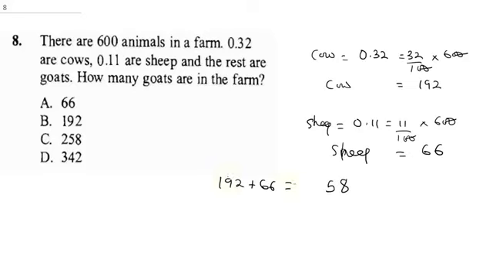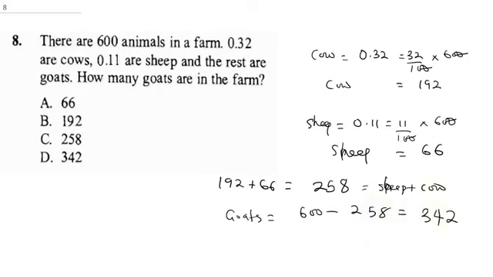Carry your 1. Then this will be 258. So this is the sum of sheep plus cows. So for you to get your goats will be 600 minus 258, which is going to give us 342. So the correct answer here is D.